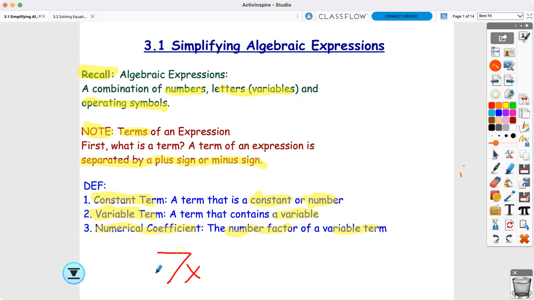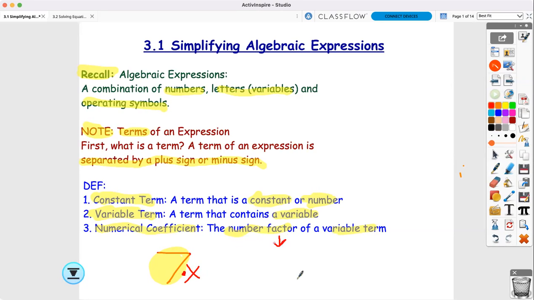The numerical coefficient is the 7. Remember what I said in another class, when we have a number next to a variable, they're being, what, secretly? Multiplied. When they're both being multiplied, there's a number factor and a variable factor. So factors are things that are being multiplied.